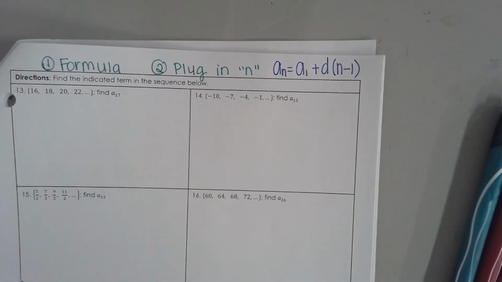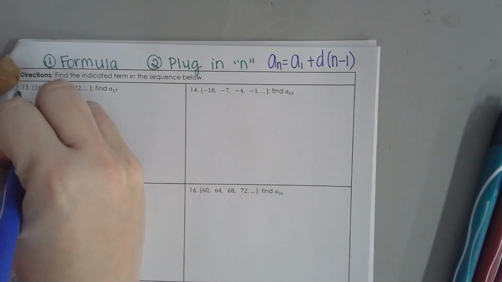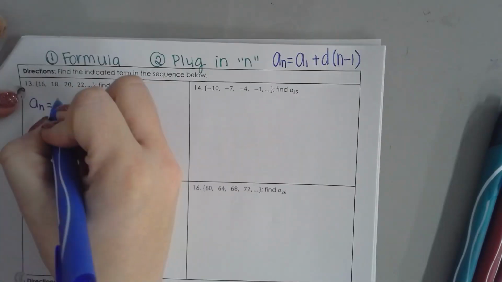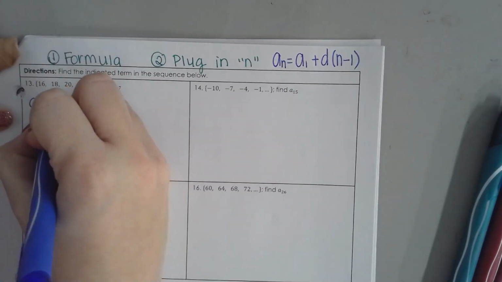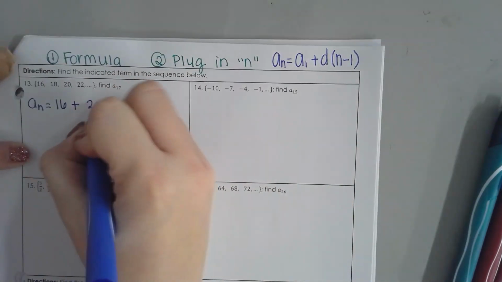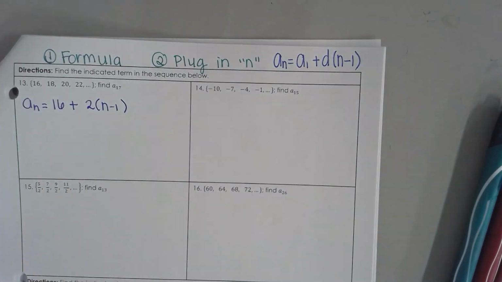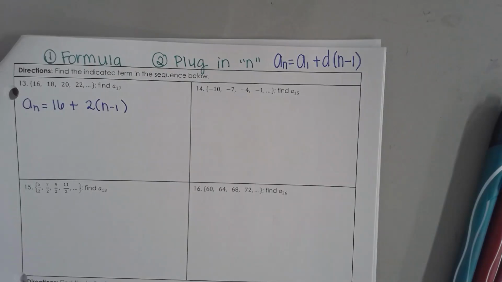On number 13, go ahead and write the formula. So the formula is A_n equals, what's A1? 16. What's my common difference? 2. (n minus 1).